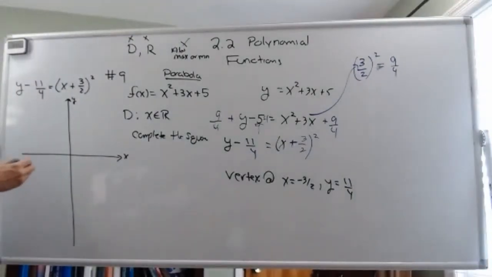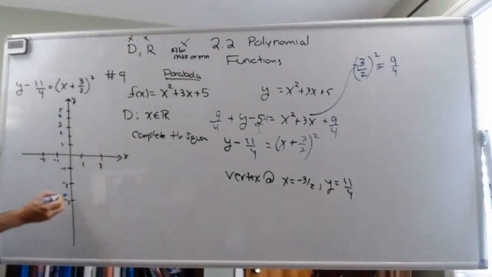So if I put that in, here's negative 1, 2, and I go down negative 1, negative 2, negative 3, and I could put the vertex over here.